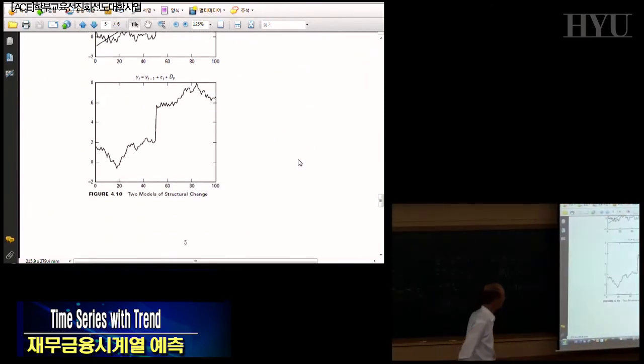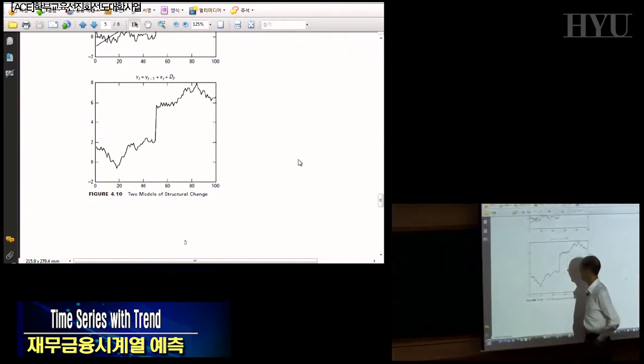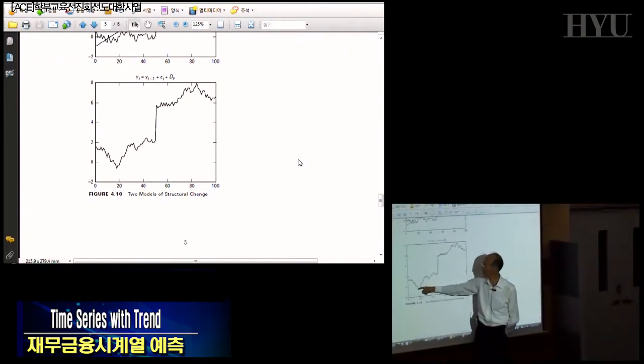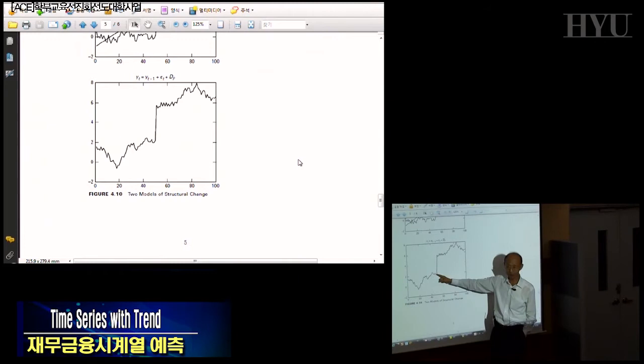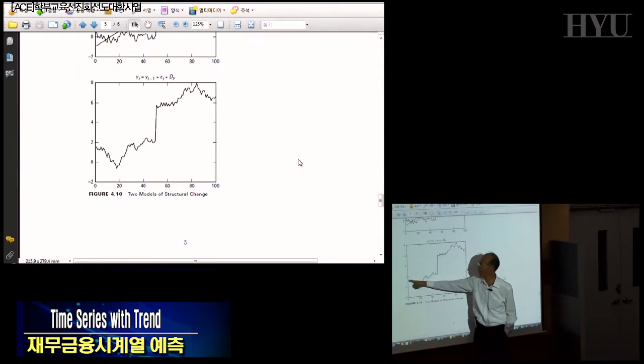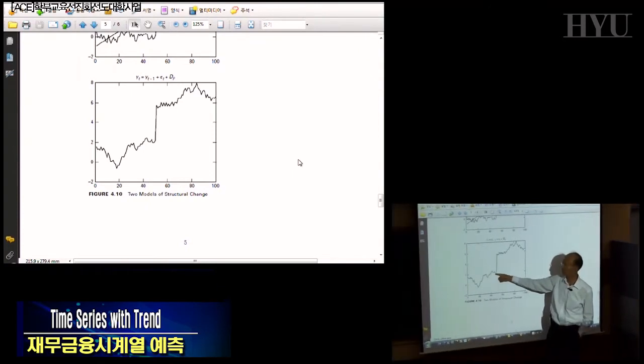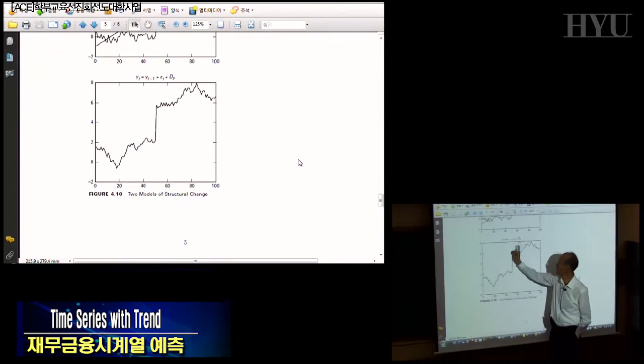Here's another example. In this case, this is a random walk. This is another random walk, but there is one pulse. So this DOP is defined as all 0, but at one time here, some value, and then 0. So DOP is a one-time single pulse.